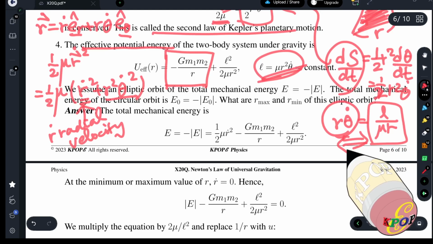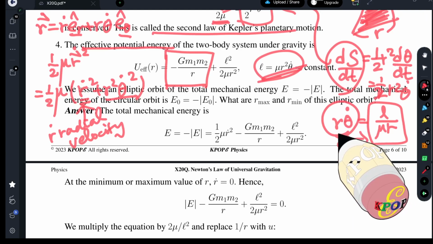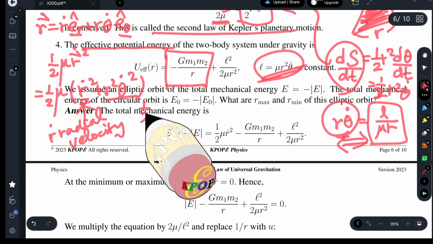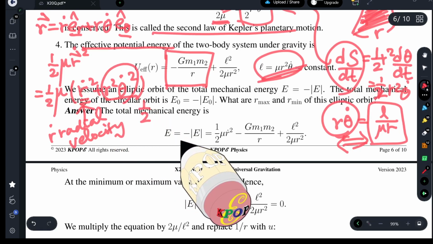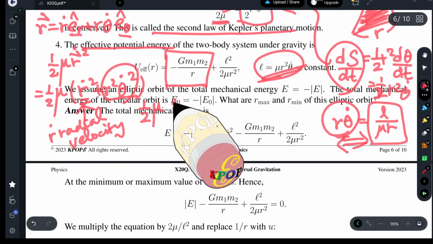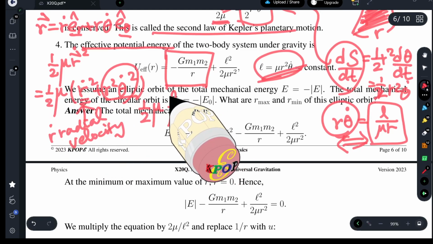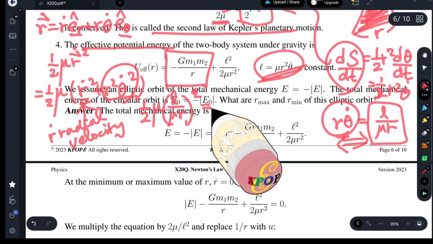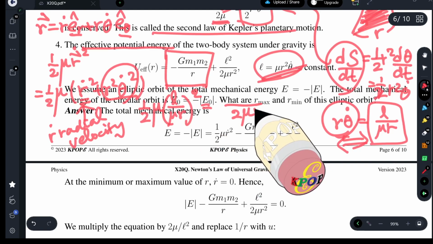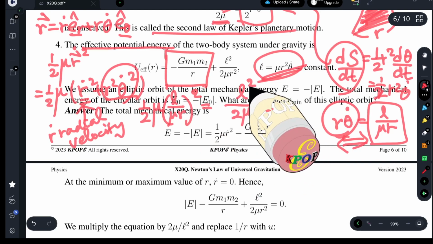So theta dot can always be expressed in terms of orbital angular momentum and radius. So we substitute this here, and this kinetic energy is expressed as 1/2 mu times L over mu r, squared. You will find you have L squared over 2 times mu times r squared.